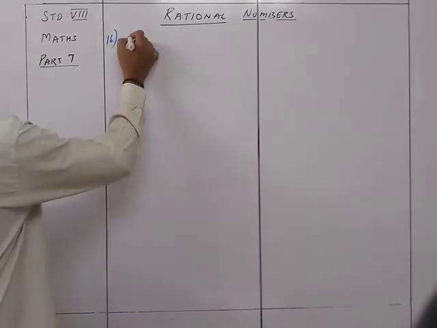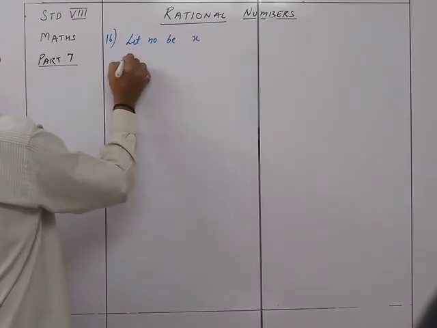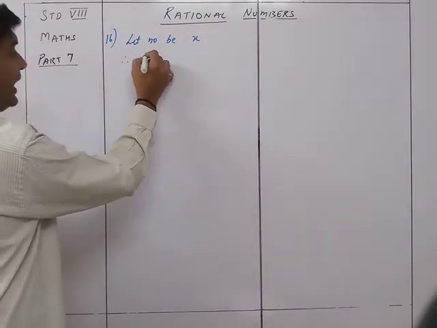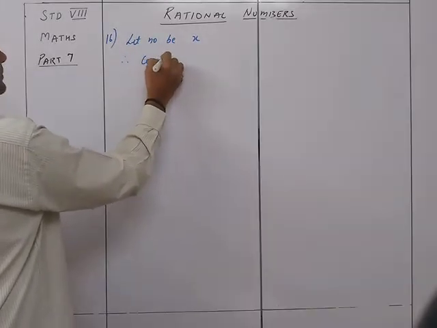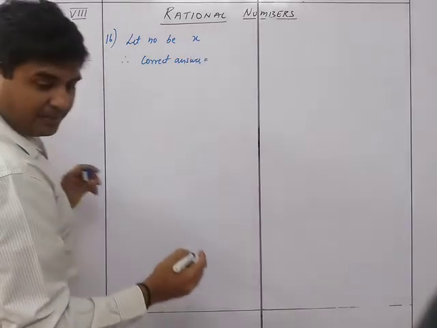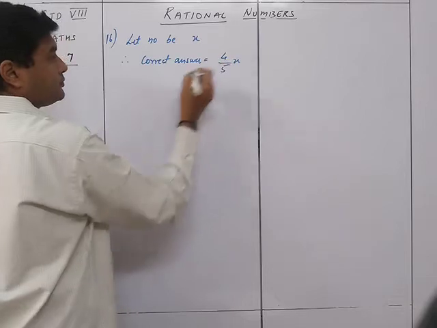First of all, let the number be x. Therefore, the correct answer is multiplying by 4 upon 5, so it will be 4 upon 5x.